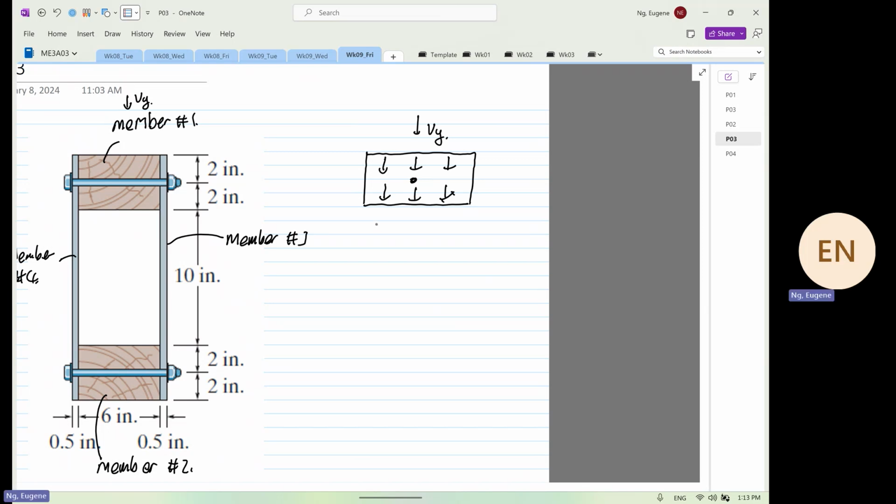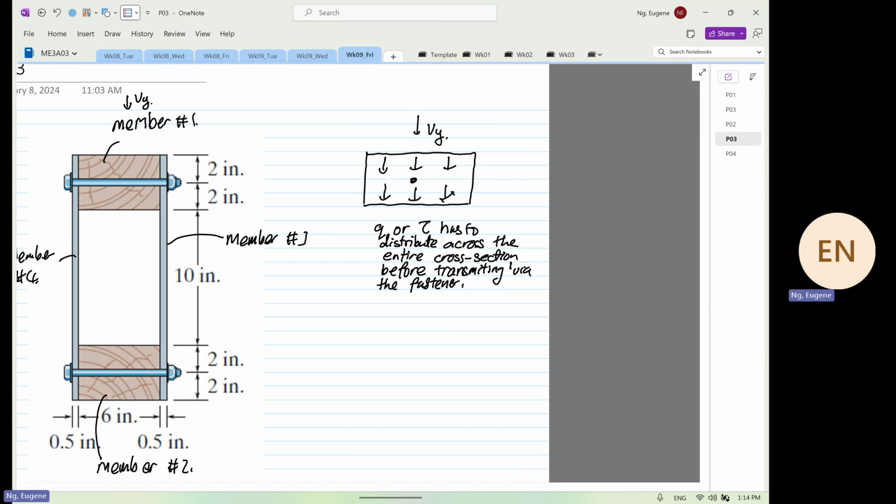The shear flow, the Q or tau, has to distribute across the entire cross section before transmitting by the what? By the fastener.